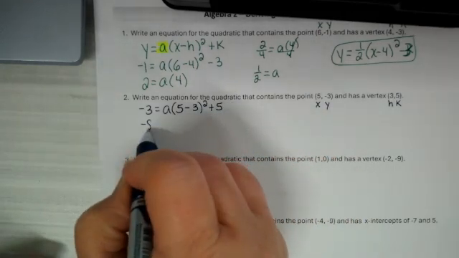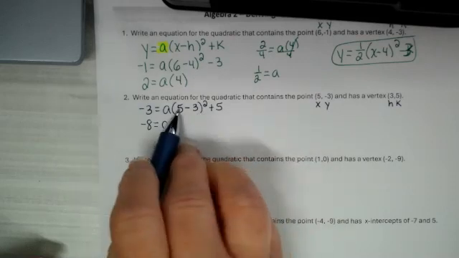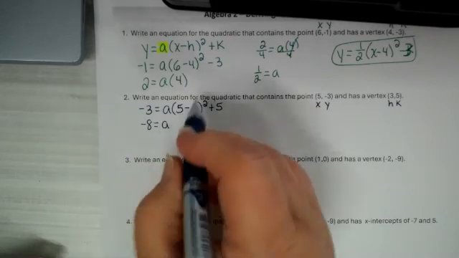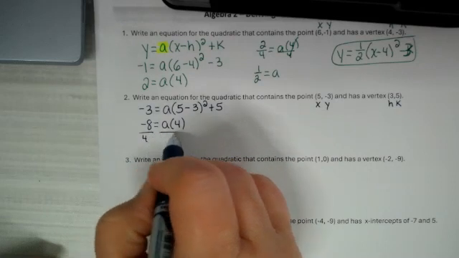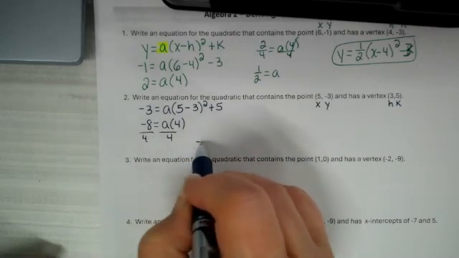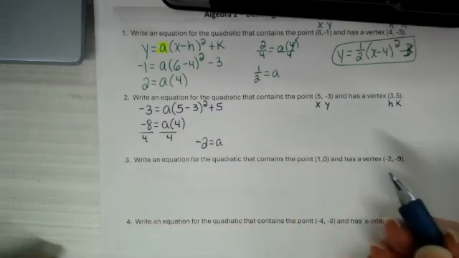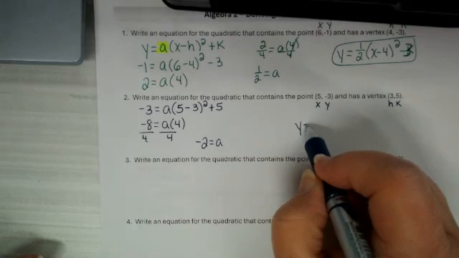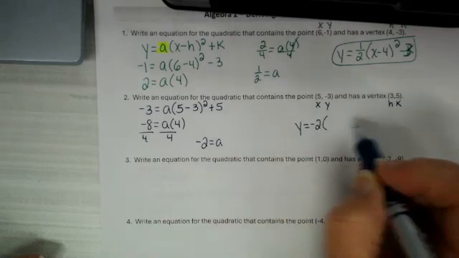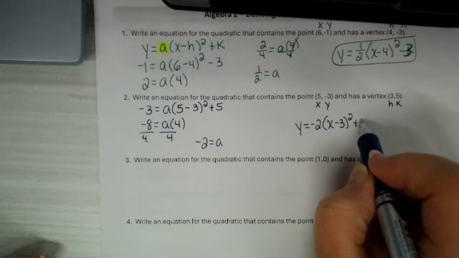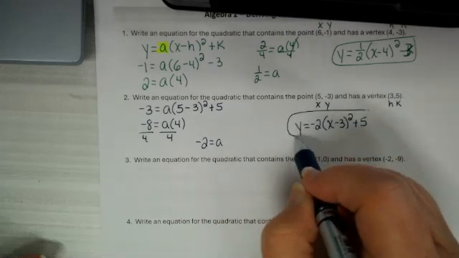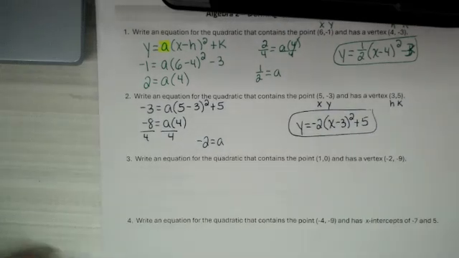Subtract 5 from both sides. 5 minus 3 is 2. 2 squared is 4. Divide both sides by 4. And a is -2. So we'll plug that into our equation: -2, my vertex was (3, 5). Just make sure you put it into a quadratic equation, and you've got your squared right there.